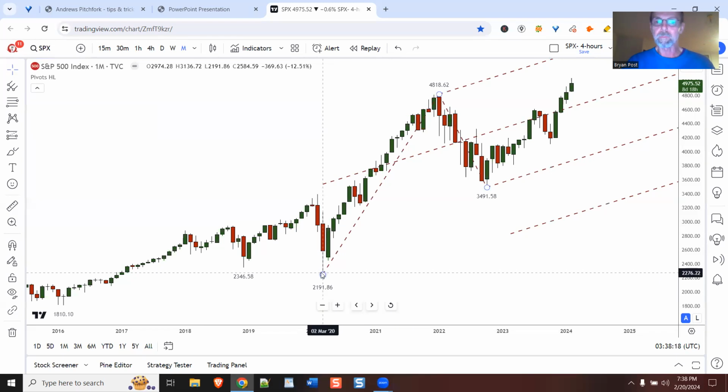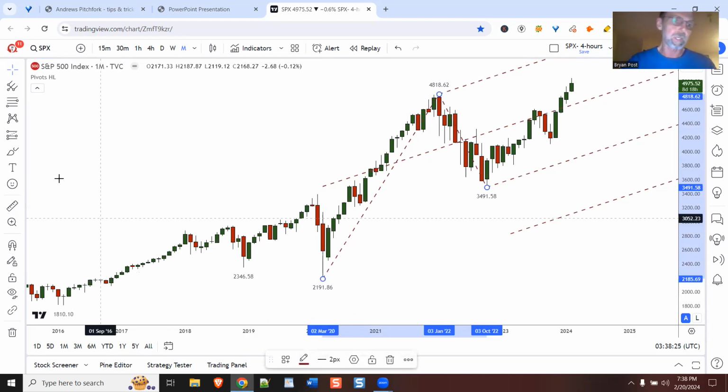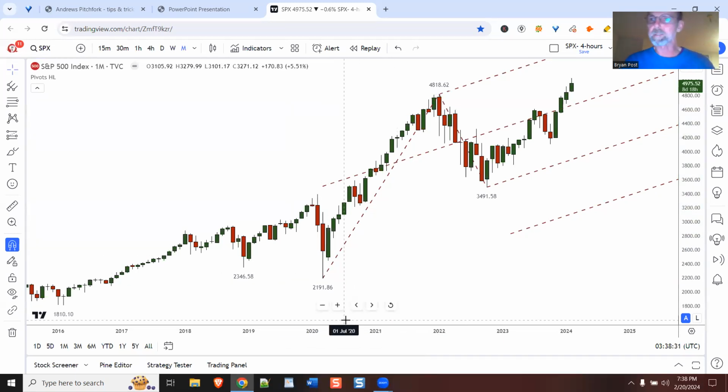If we don't notice that and correct it, we can correct it manually and get pretty close. But turning on the magnet lets us feel confident that we've put our origin or our swing points of the fork exactly at the highs or lows of the price bars.